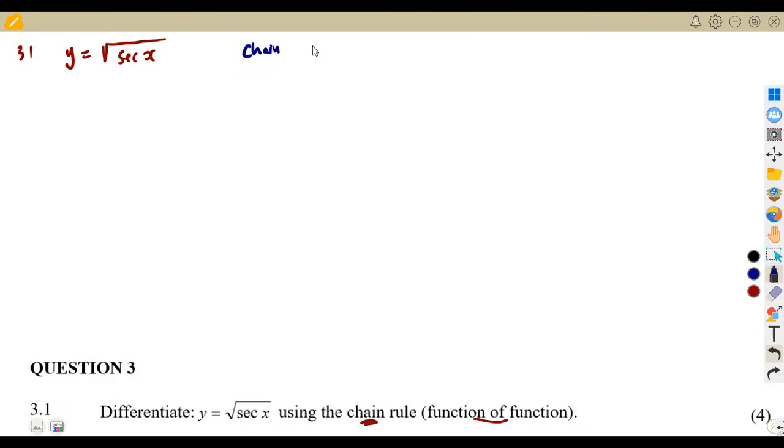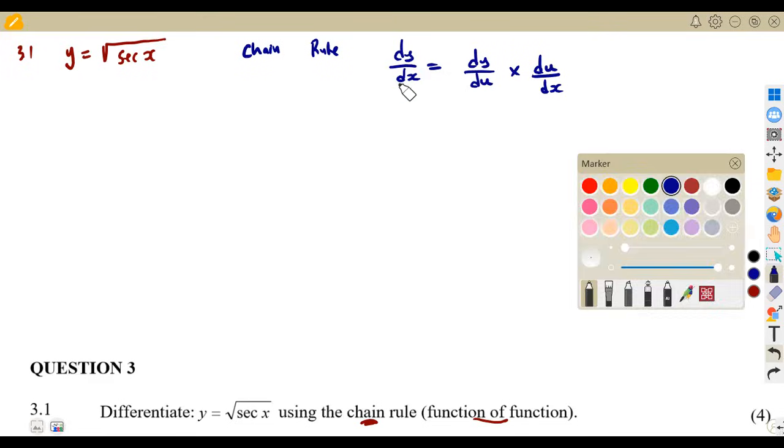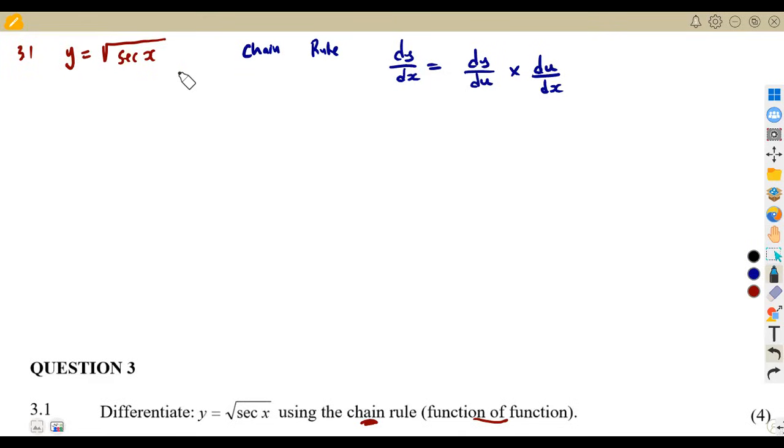The formula for the chain rule states that the derivative of y with respect to x is equal to the derivative of y with respect to u times the derivative of u with respect to x.